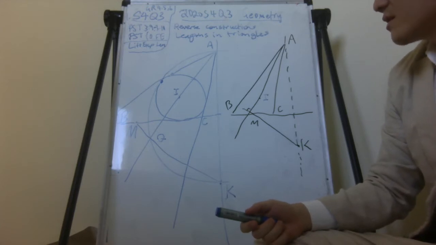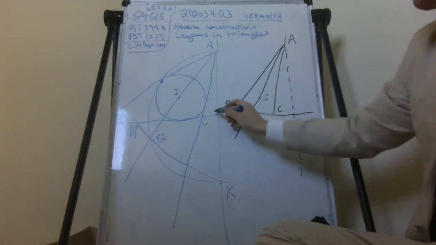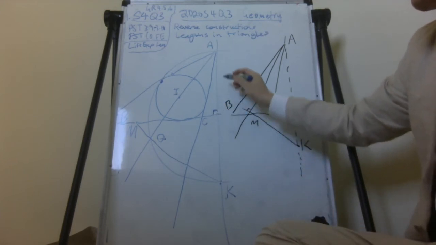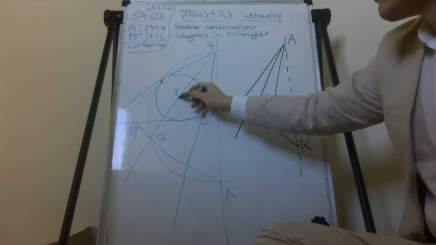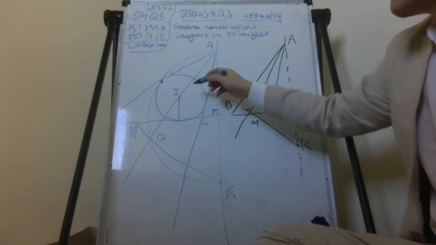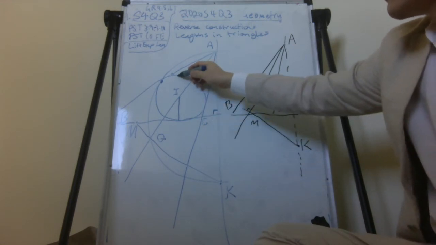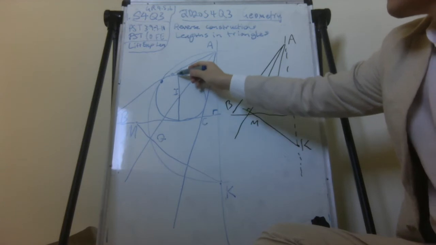Yeah. Okay. So if you notice, if you make this 90 degrees, that's the altitude, right? It's actually parallel to the radius, yeah? So it's parallel to the radius, or diameter even there, right? Okay.